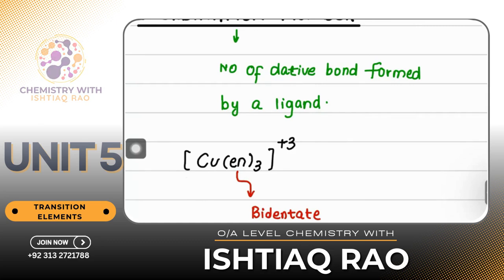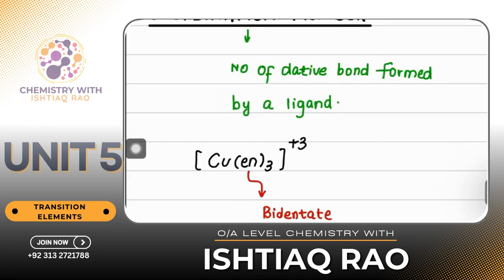Some ligands can form more than two bonds; they are polydentate ligands. The number of dative bonds formed by a ligand with the metal is known as the coordination number.